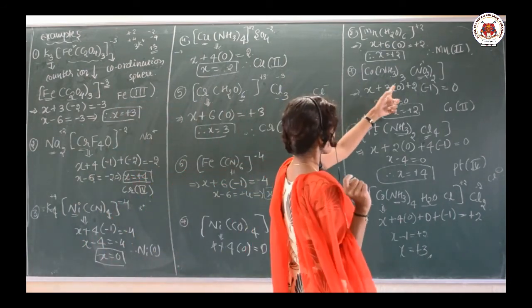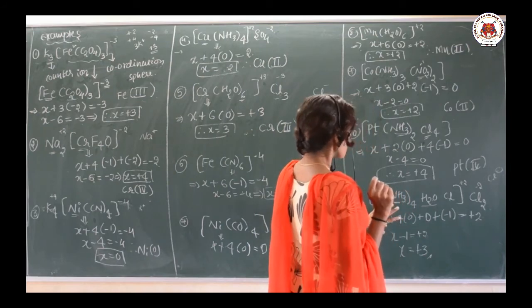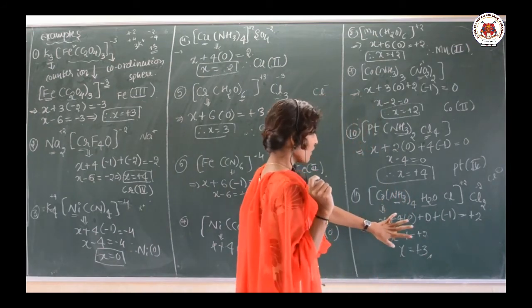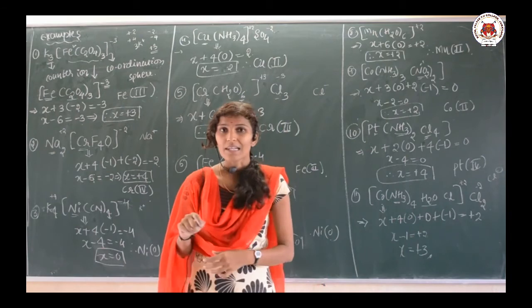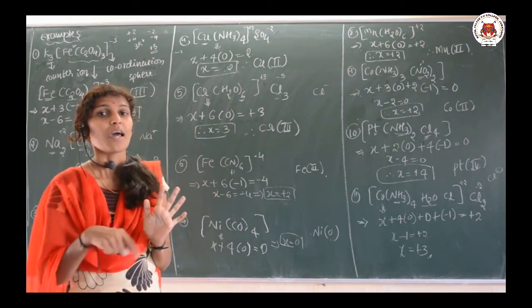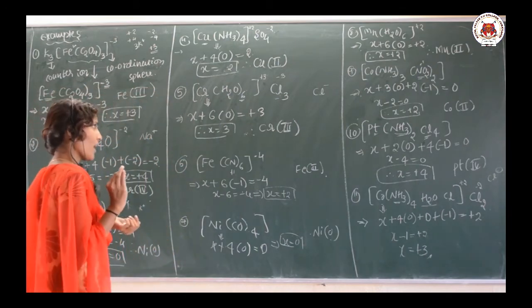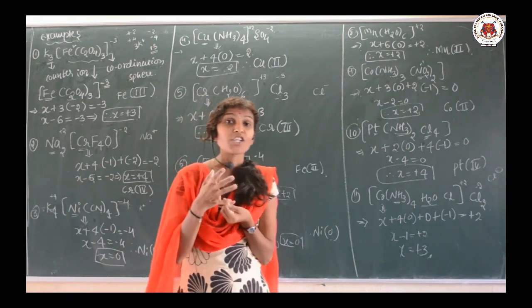And see here, this is also the neutral one, this is also the neutral one, and this is also here. Okay. So, like this we can calculate the oxidation number of the central metal atom. First, you need to know the donation of the ligands.